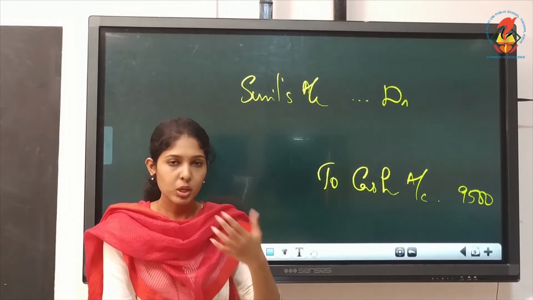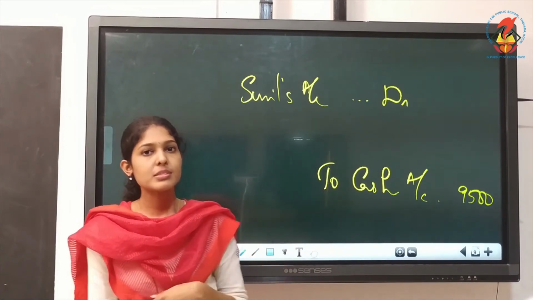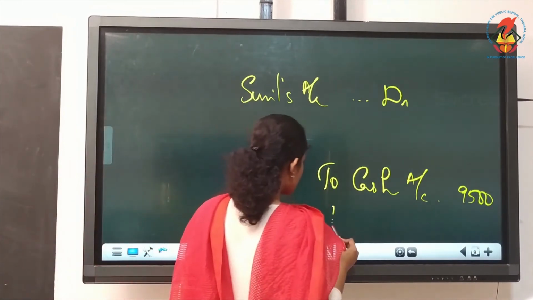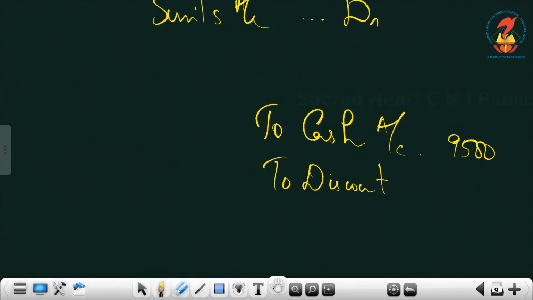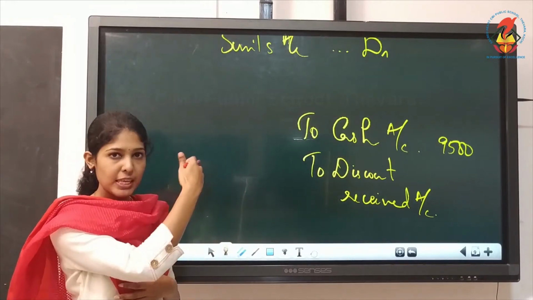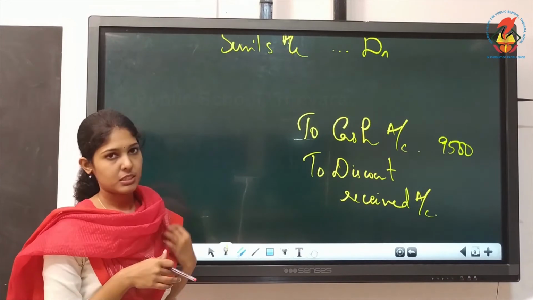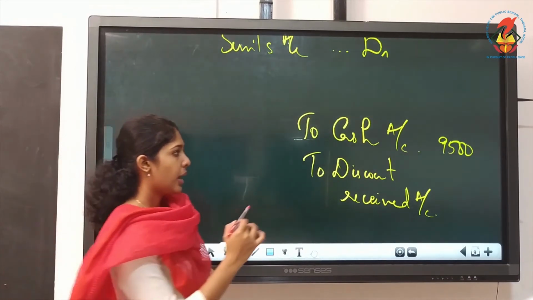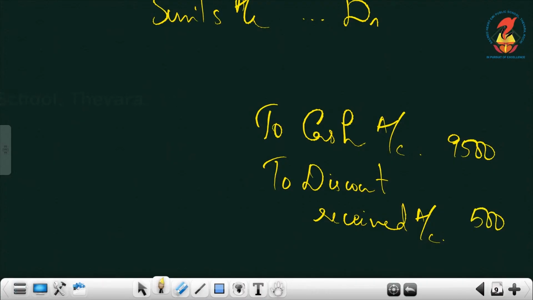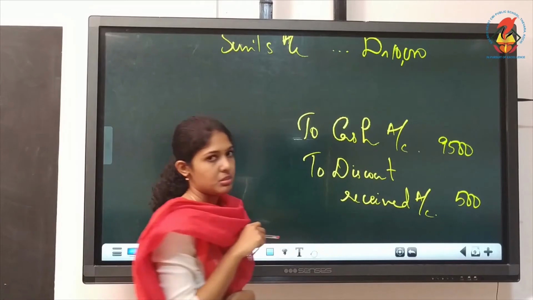You can't allow discount because we are paying cash and you will receive the discount. So discount received, being an income, must be credited. So this is the entry. Actually, you need not write the journal entry, but since it is for the first time, leave space after your cash book for completing it and write this for you to understand how the actual entry is, since it is a compound entry. And write the discount amount here, 500. So altogether the debit side will be 10,000.